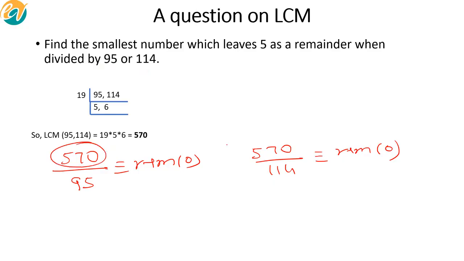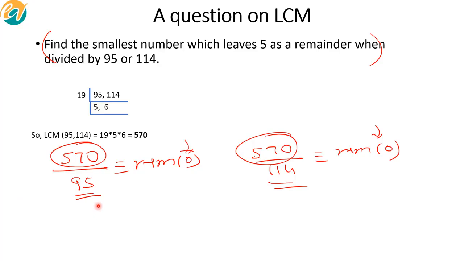The deviation in this question is, what smallest number leaves a remainder of 5 when divided by 95 or 114? Again, reiterating, 570 leaves a remainder of 0 when divided by 95 or 114.